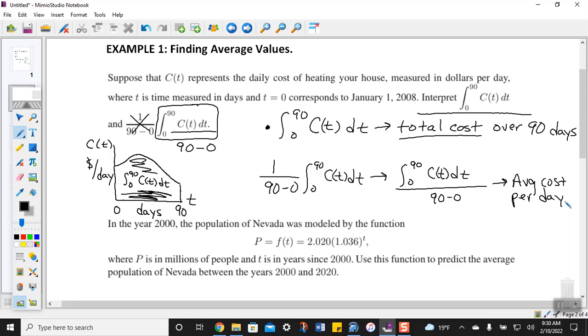And then when I take that total displacement and divide it by the interval length, that gives me the average value each day. Okay? And we'll get some numbers involved here in a bit, but in terms of context, relating total cost and average cost, you understand the difference between the two. Yeah.